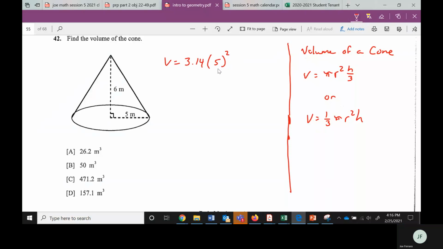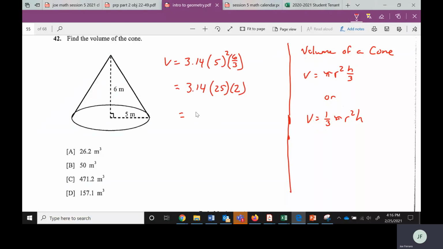Okay. And then if I look at this, height divided by 3, the height is 6 divided by 3. So now let's reduce some things. We can't do anything with 0.3 or 3.14 yet. 5 squared means 5 times 5 is 25. 6 divided by 3 is 2.